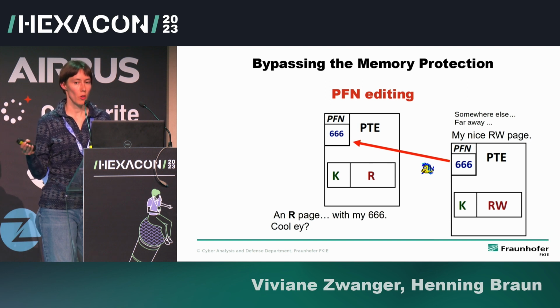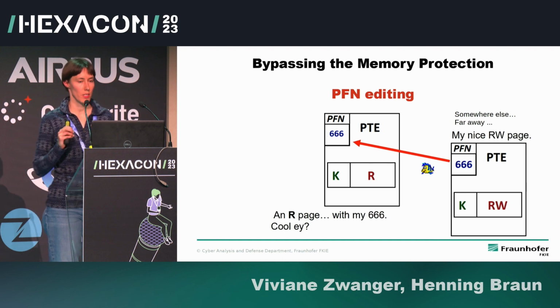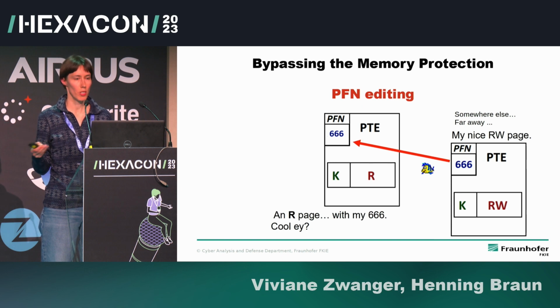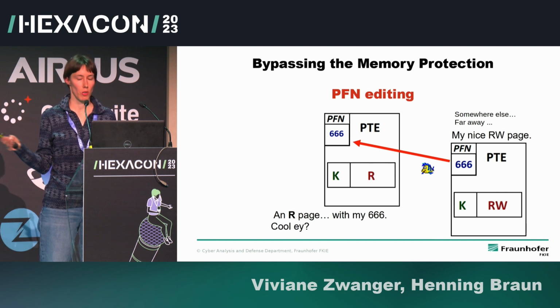Just look at it. For VTL0, your normal untrusted operating system, this is a kernel mode page, read-only with some PFN. That's okay. And then there is also VTL1. For VTL1, it's also okay because we read from a read-only page and write to a read-write page.